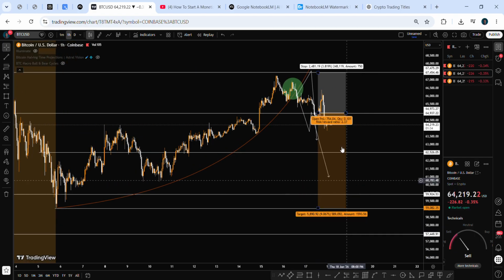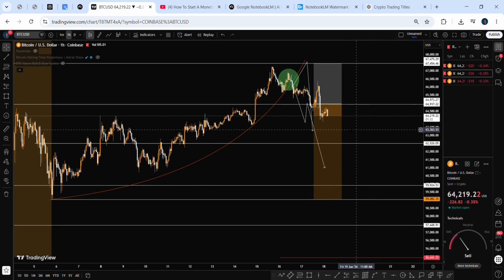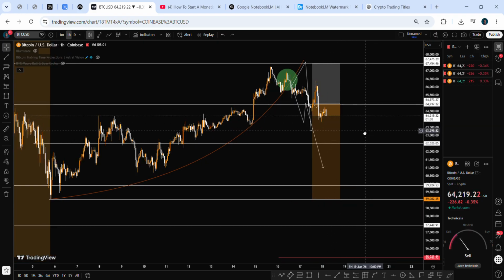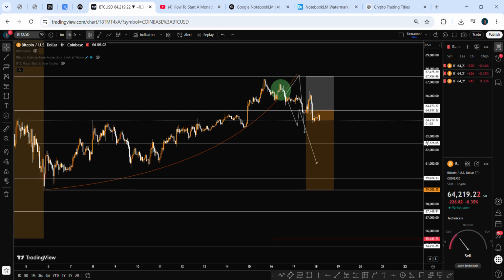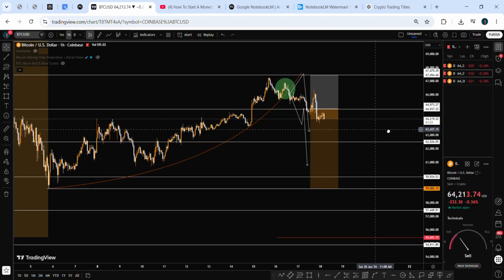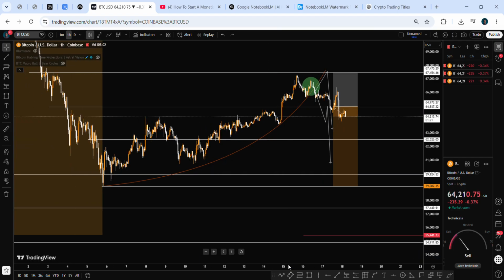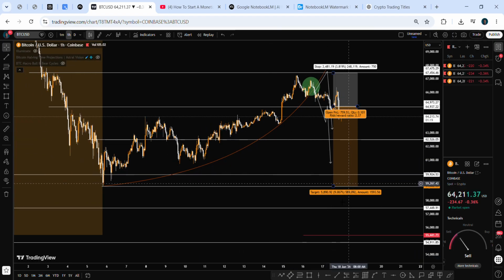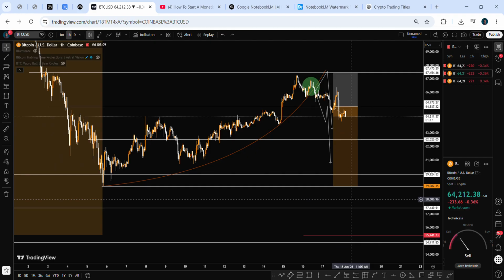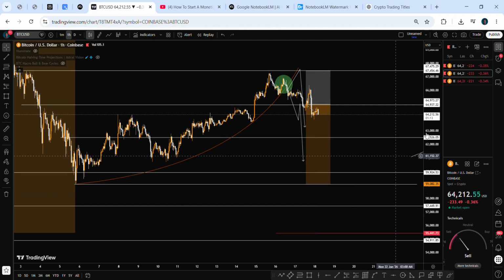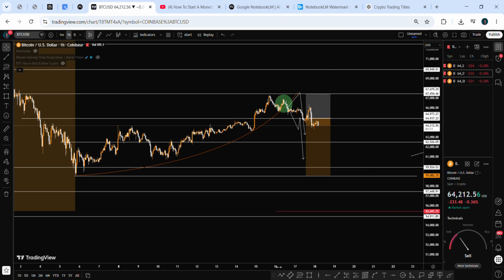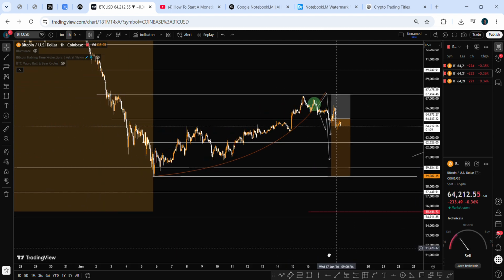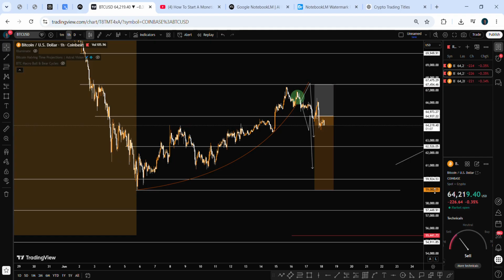So that is how this trade is actually going, and we are hoping to ride it down to this point and beyond, but first take profits at this point. That is what you are currently looking out for.